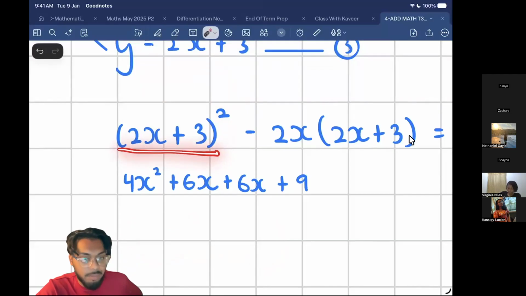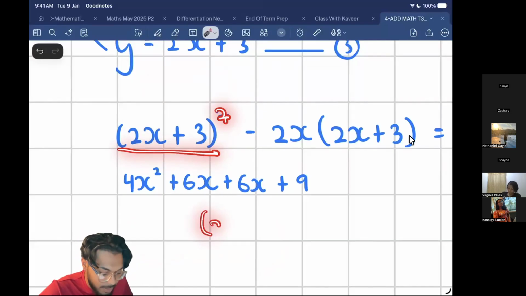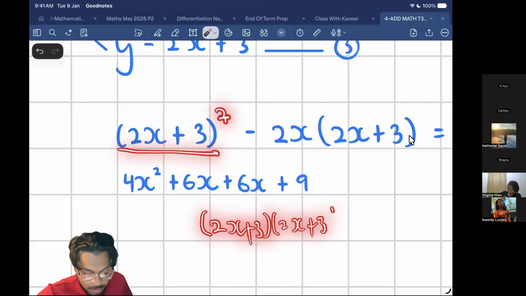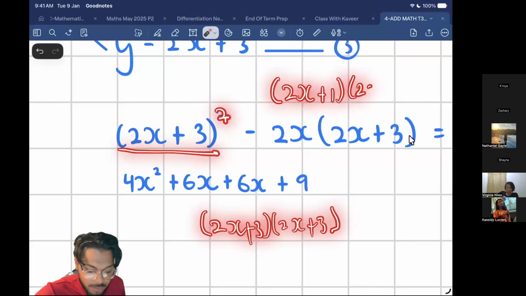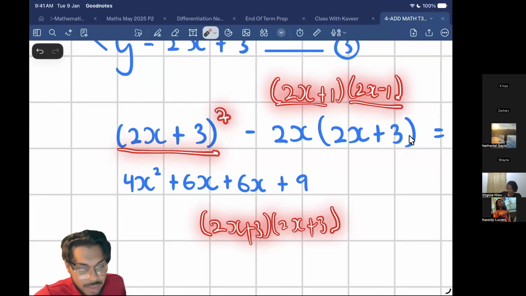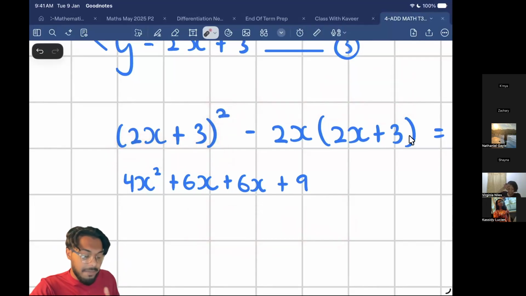This is binomial expansion. You notice there's a square term here. If it's squared, you'll always be multiplying something by itself. What you're thinking of is something like 2x plus 1 by 2x minus 1. In that instance, the middle term cancels off because you're multiplying the conjugate. But if it's squared, you'll always be multiplying it by itself.